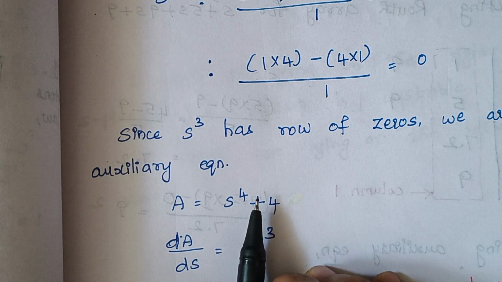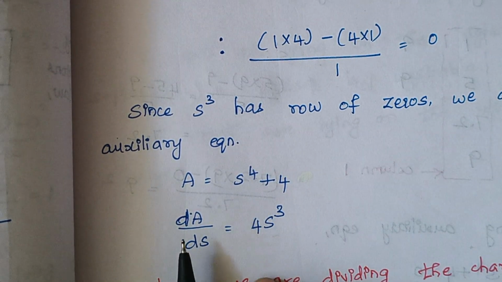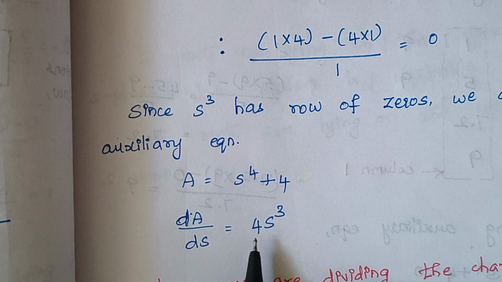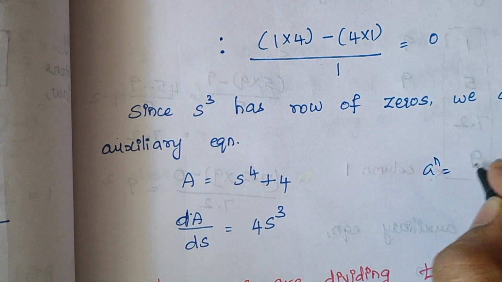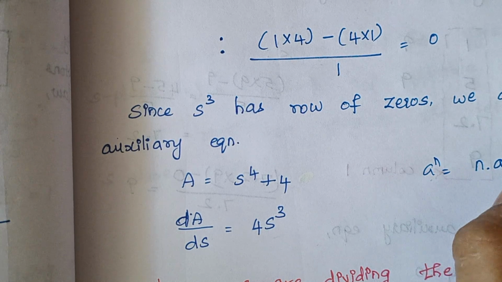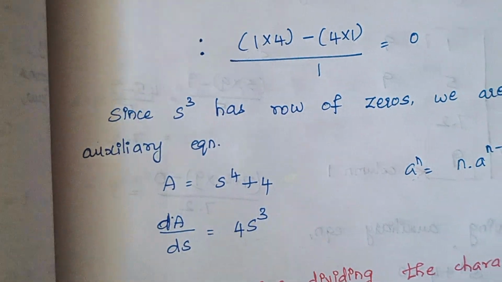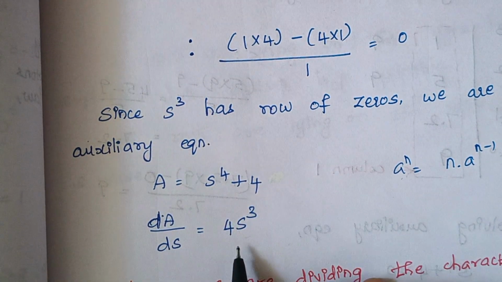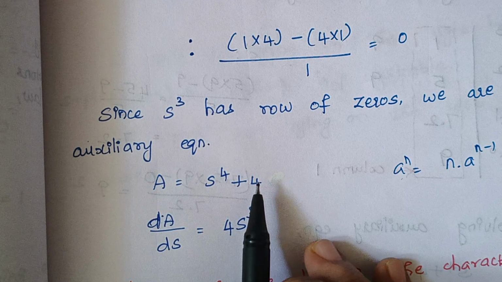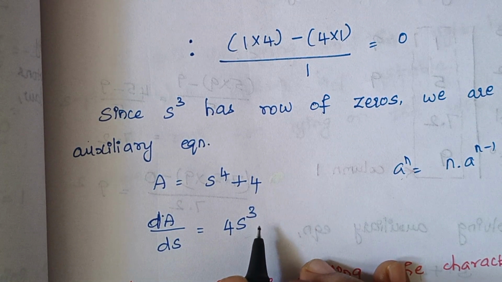So what is the next step? We have to differentiate. So once you differentiate, what happens? s to the power 4 becomes 4s cube. This is the formula: when you differentiate a term, n into a to the power n minus 1 is the differentiated form. So we are getting 4s cube, and when you differentiate a constant, it becomes 0, right?